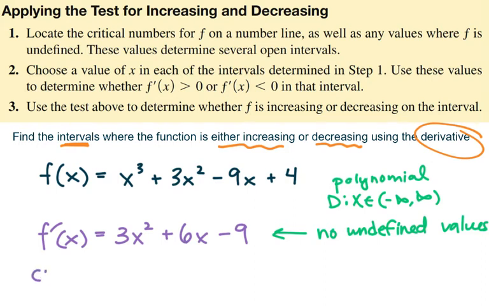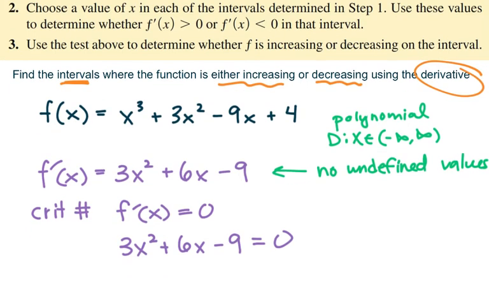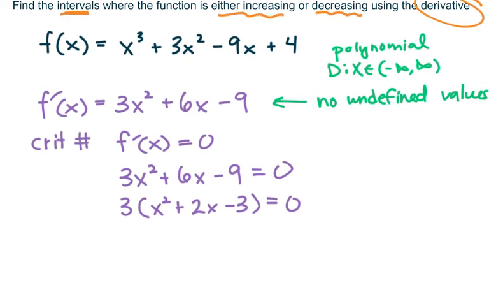So I'm going to go ahead and figure out what my other critical numbers are. Those come from taking the derivative and setting it equal to 0. So 3x squared plus 6x minus 9 equal to 0. I can factor out a 3. So I have 3 times x squared plus 2x minus 3 equals 0.